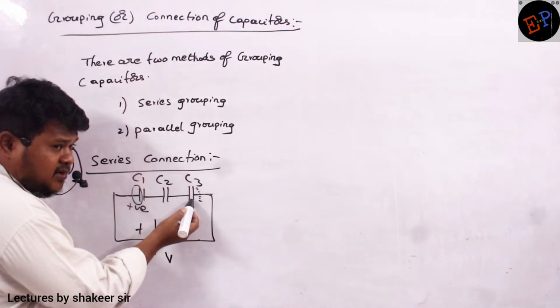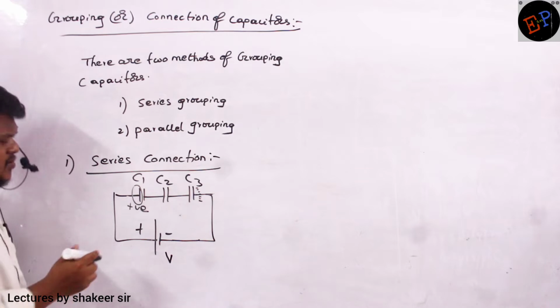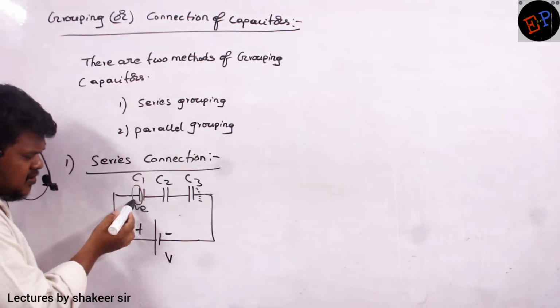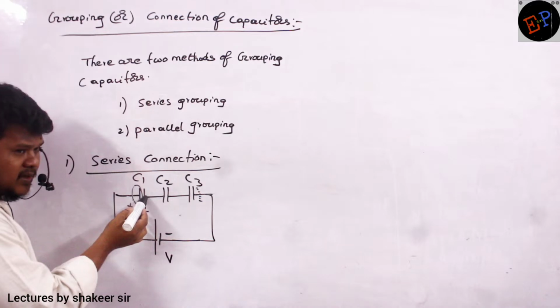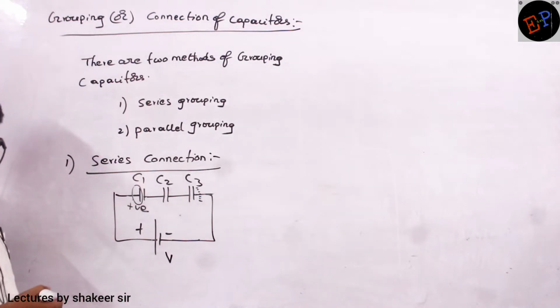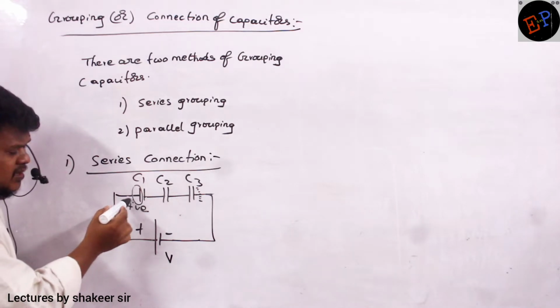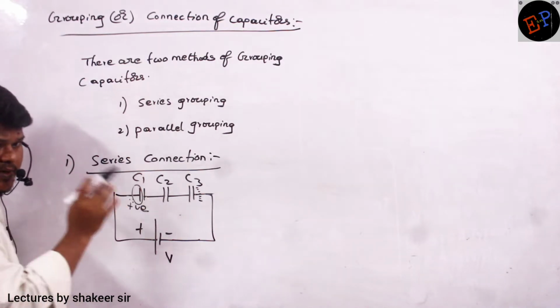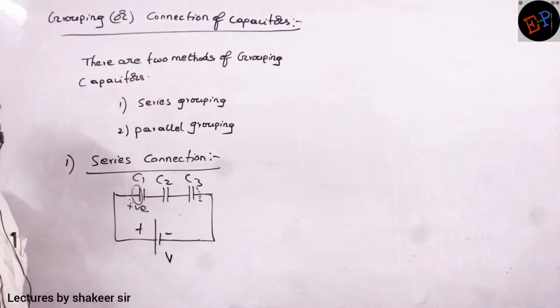Now see, because the first plate has become positively charged, it will attract electrons on the second plate, and it will repel positive charges also.